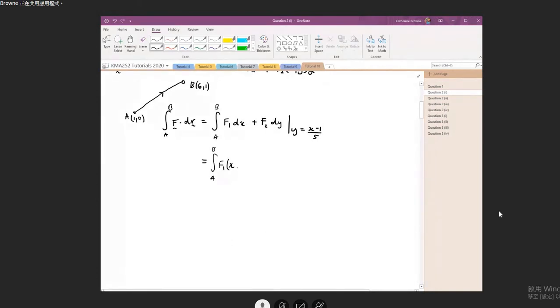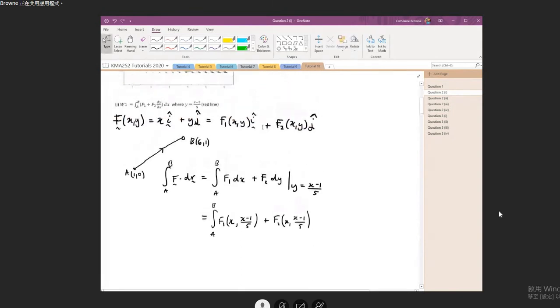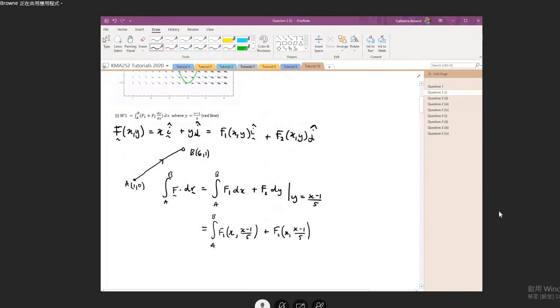So we want to find f1 at (x minus 1) on 5, plus f2 at (x minus 1) on 5. And then, as you can see in the questions, f1 dx plus f2 dy is the same as if we put dy/dx here, dx.